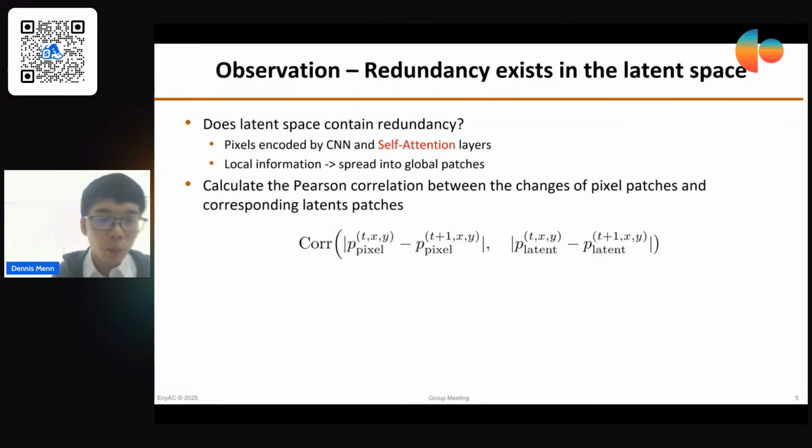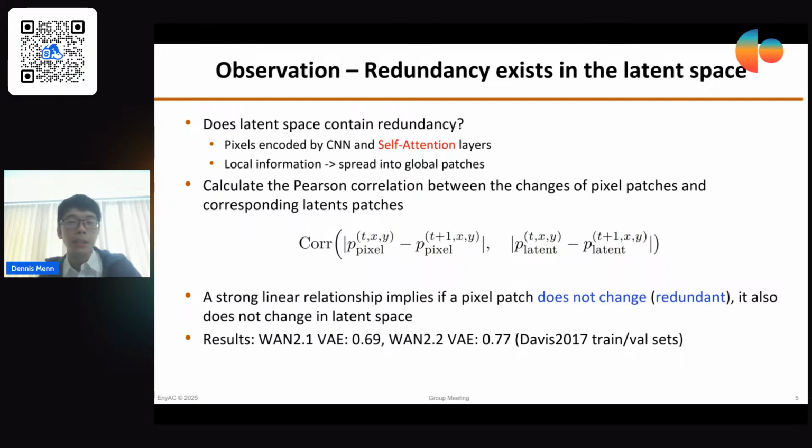So the first thing we do is calculate the Pearson correlation between the changes of pixel patches and the corresponding latent patches. The reason we do so is that a strong Pearson correlation means a strong linear relationship. Here we measure the changes of pixel patches at the same spatial location.